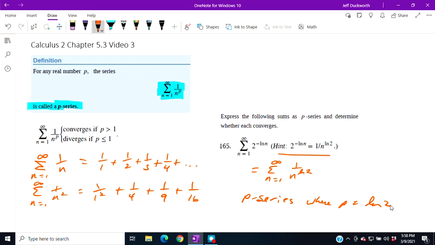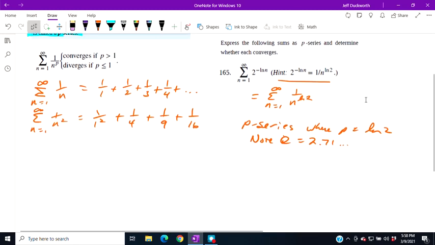Well, e equals about 2.71 and so on, right? And we know that ln of e equals 1.